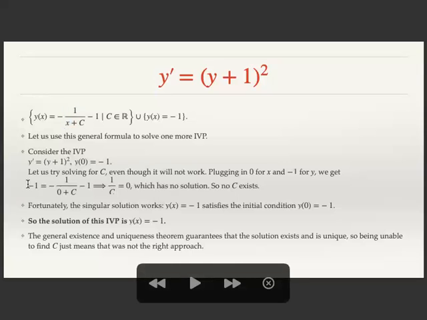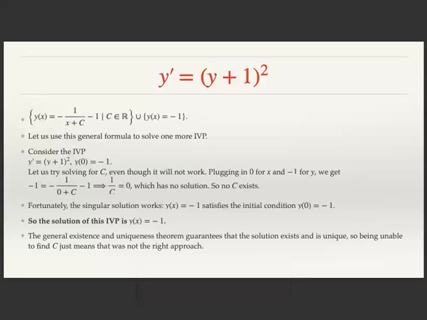So we get that minus 1 is equal to minus 1 over (0 plus c) minus 1. So the minus 1 cancels from both sides, and we're left with minus 1 over c is equal to 0, or 1 over c is equal to 0. Well, there exists no real number c such that 1 over c is equal to 0.